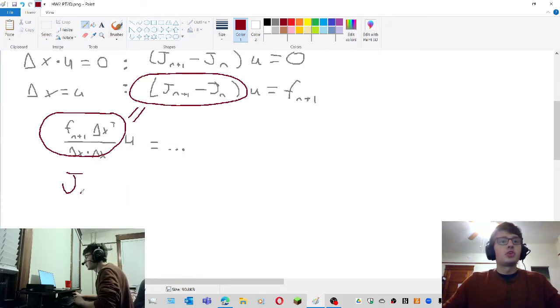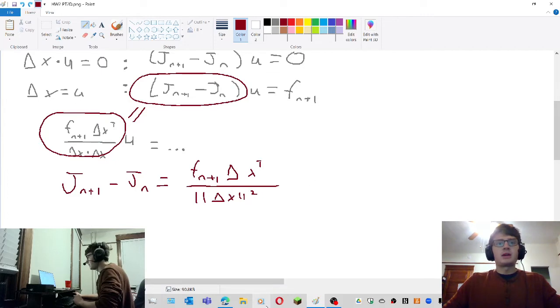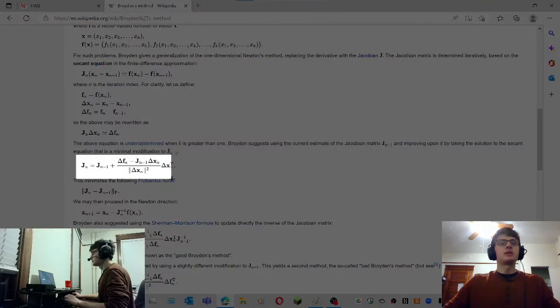So I would say that the Jacobian evaluated at x equals n+1 minus the Jacobian evaluated at x equals n is going to be equivalent to f evaluated at n+1 multiplied by the transpose of delta x over delta x dot product delta x, which is actually the same thing as saying the magnitude of delta x squared. That's just what the definition down there means. So with all that in mind, let's go ahead and take a look at what Wikipedia says that Broyden's step is.